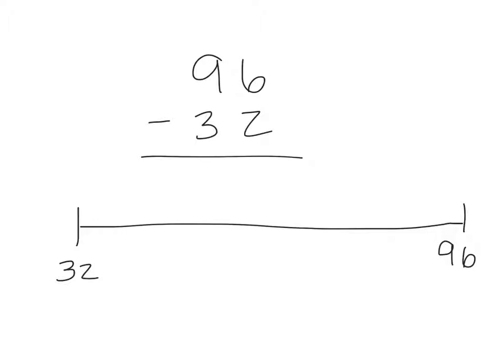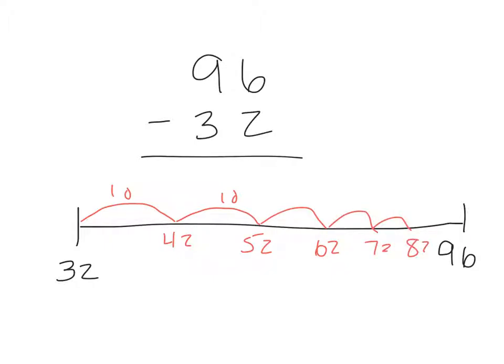Now I'm going to think about jumps. I want to use my adding 10 or adding 100 to help me with these jumps. If I jump 10, that's 42. 10 more is 52. 10 more is 62, 72, 82, 92.